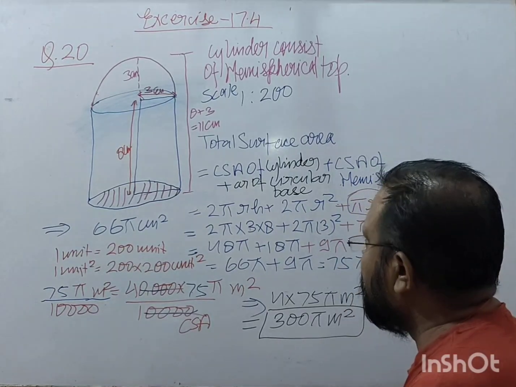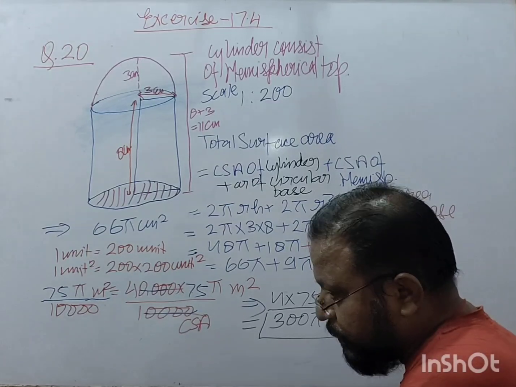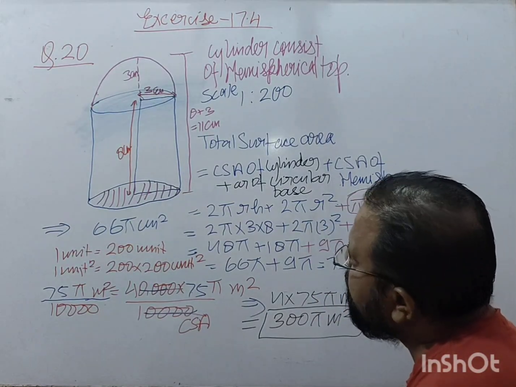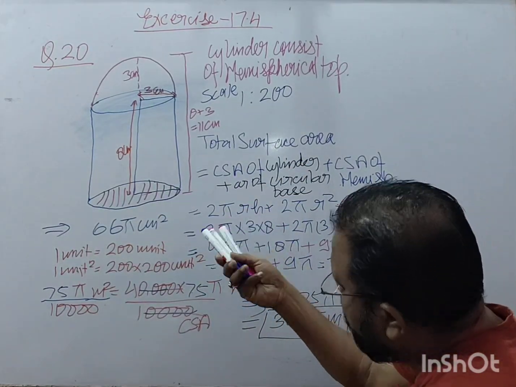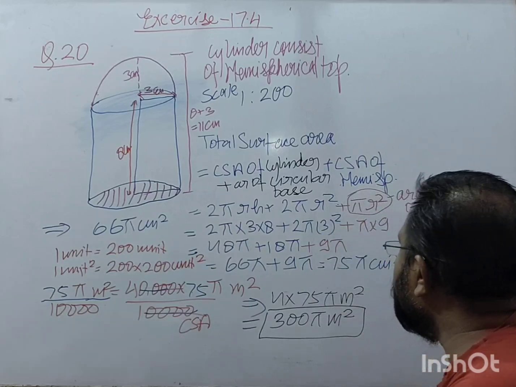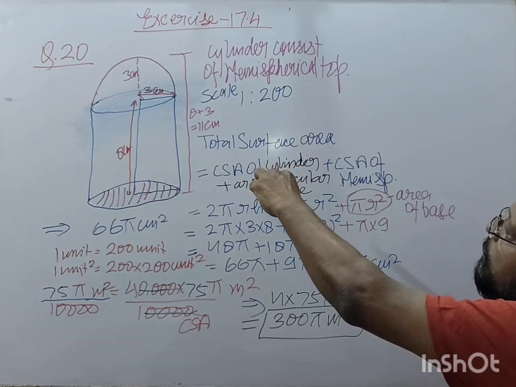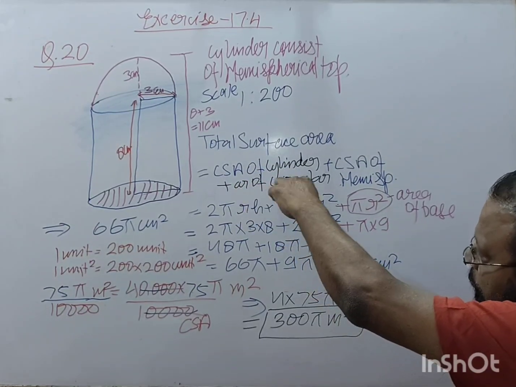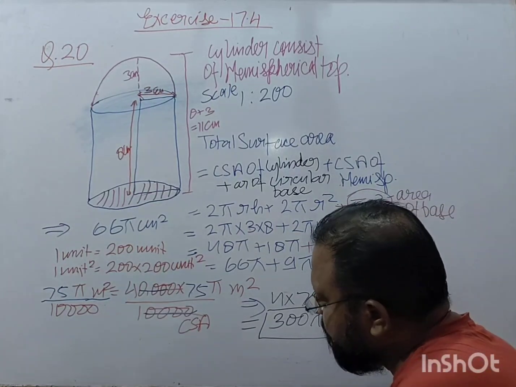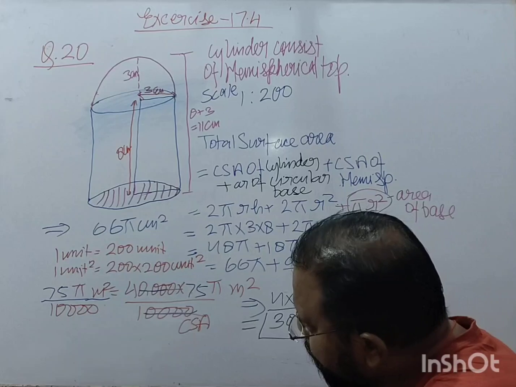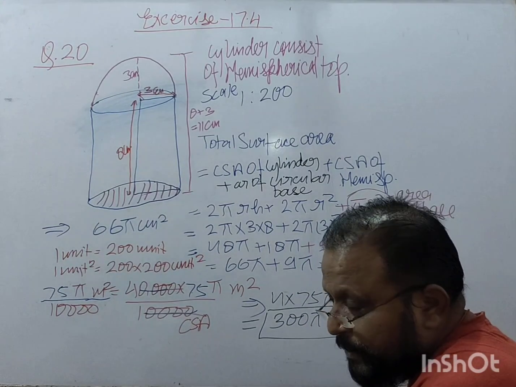This is the first part we have done. The CSA of the cylinder plus the area of the circular base of the cylinder, that is pi r square. So we get 75 pi centimeter square, and on the scale of 1 unit is 1 is to 200, it is 300 pi meter square.